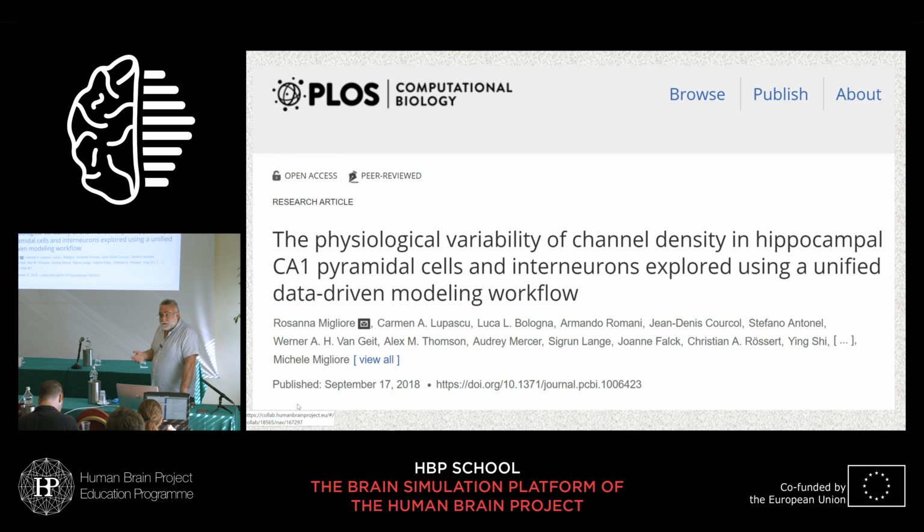So we are obliged to basically make it available to everybody. In particular, for my models, all the models have been on ModelDB since 20 years ago. But in this particular case, we have set up the brain simulation platform with a link called the live paper, in which you can look at all the data that were used for this paper in particular.